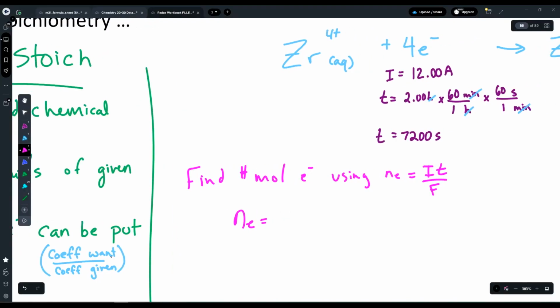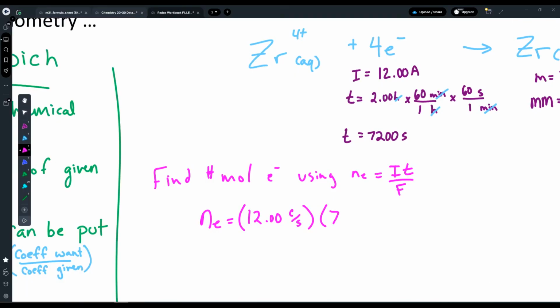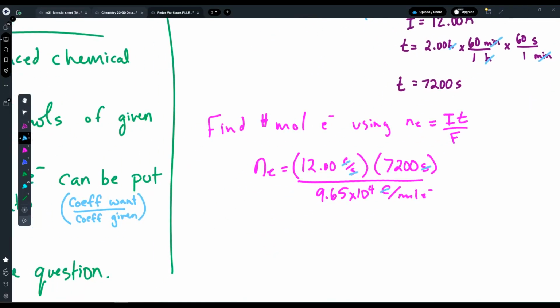So our current is 12 coulombs per second, which is the same thing as amps, times time, so 7,200 seconds, divided by Faraday's constant, that's 9.65 times 10 to the power of 4 coulombs per mole of electrons. So coulombs and seconds are going to cancel out. We're left with moles of electrons.